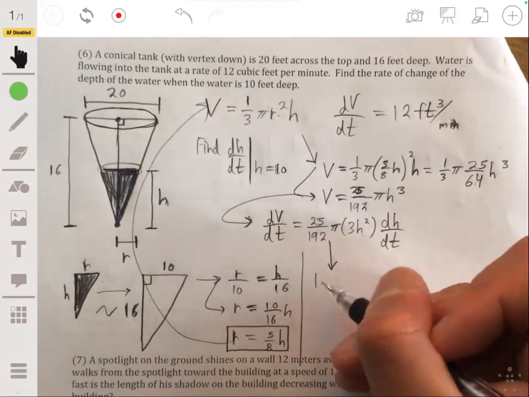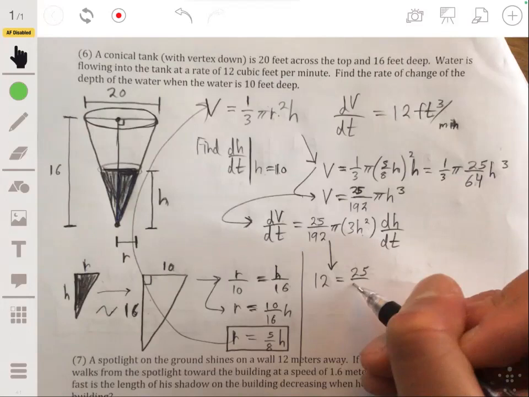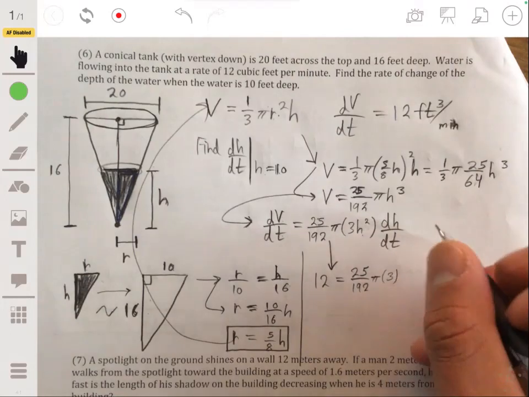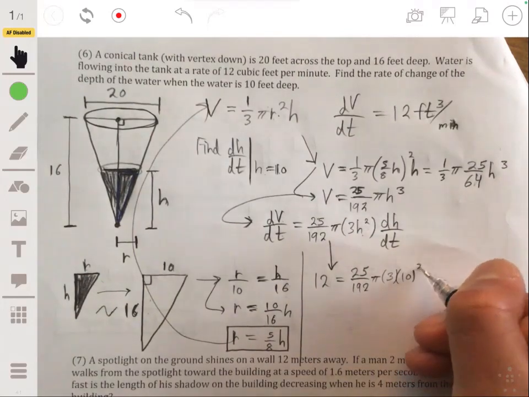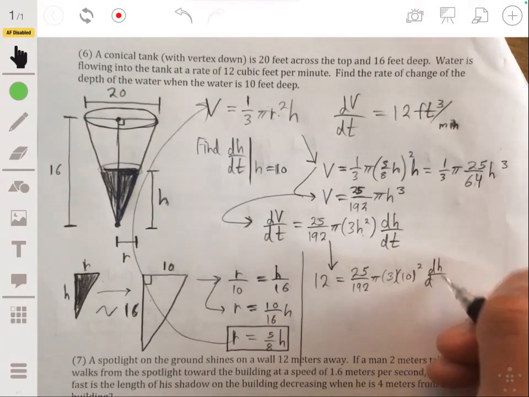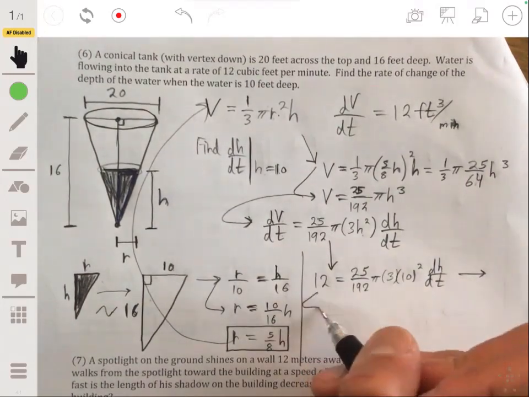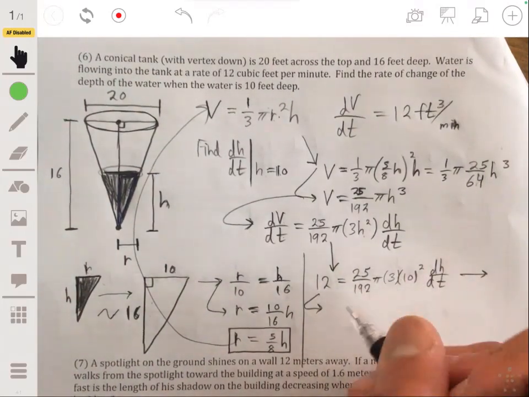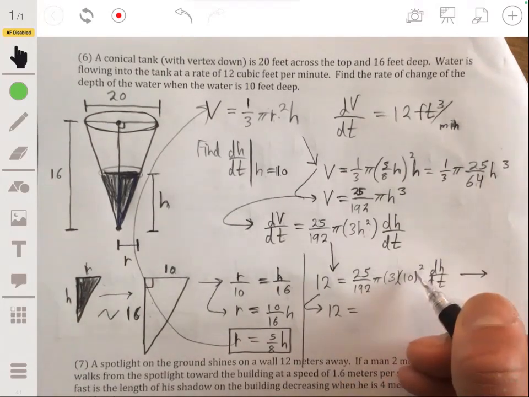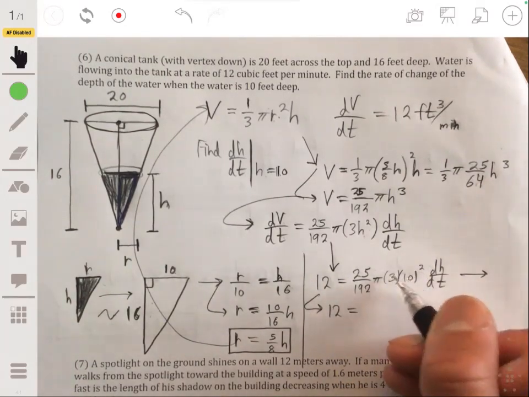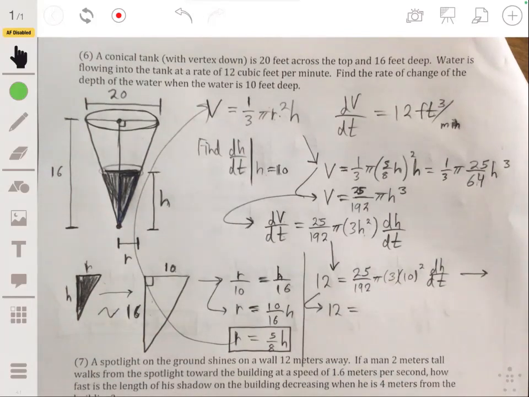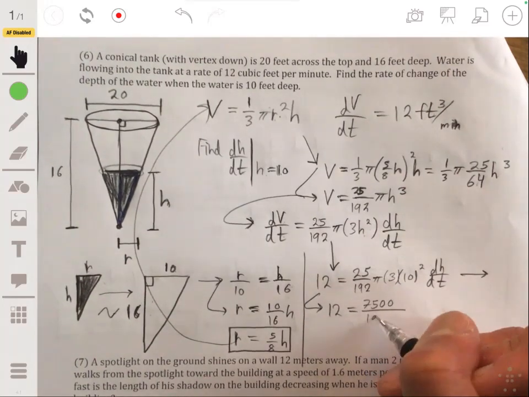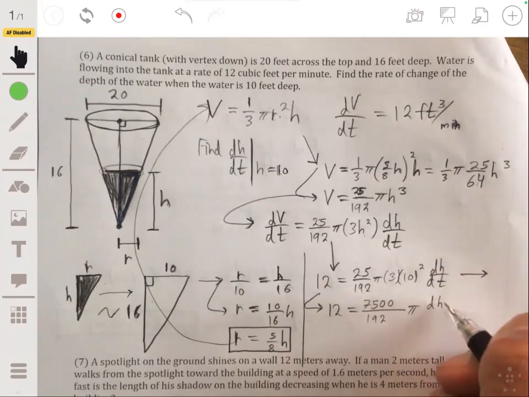So we're going to get 12 equals 25 over 192 pi times 3 times 10 squared dH/dt. Let's just make sure we don't mess up our algebra. So we're going to have 12 equals 300 times 25, 7500 over 192 pi times dH/dt.